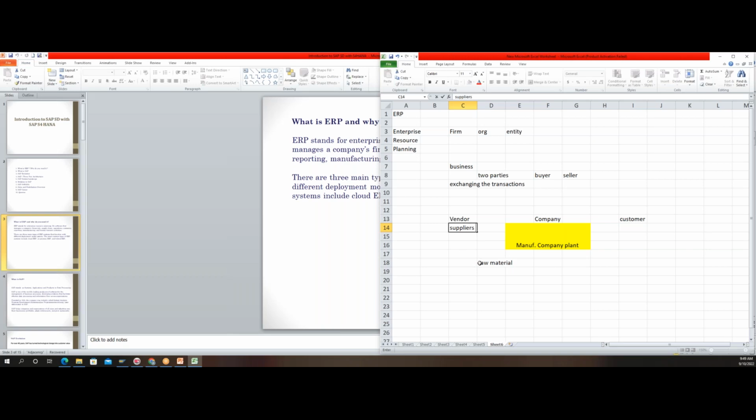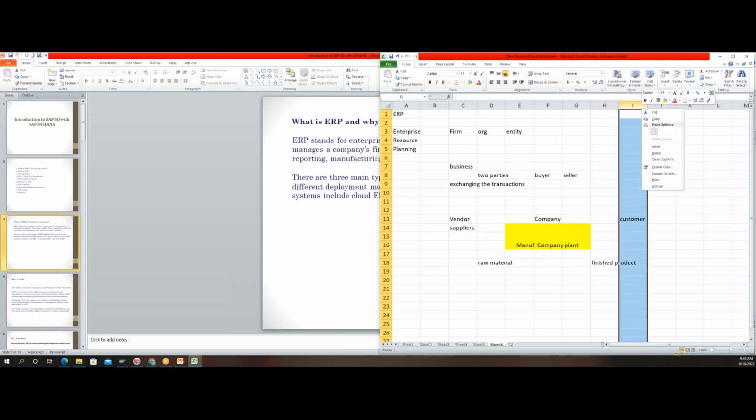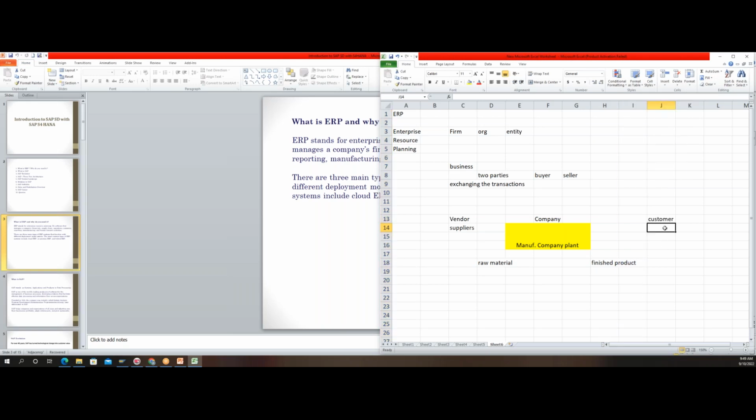From these suppliers, I get raw material, pass it through my plant and machines, convert it to finished products, and then make them available for my customers, who will buy those products from me.